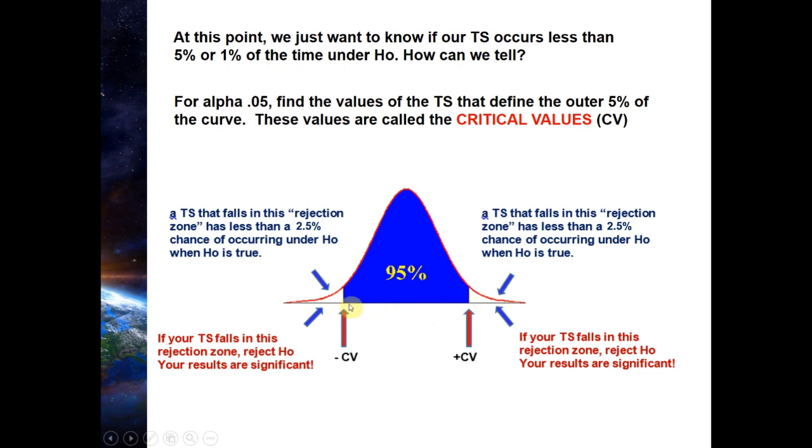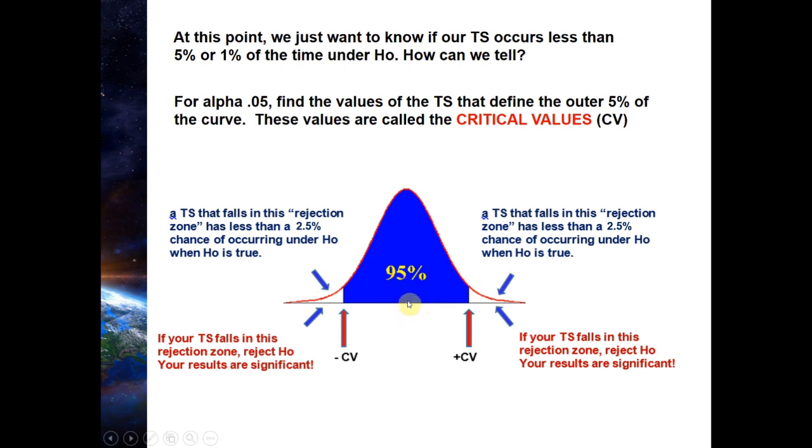Remember that? These being just Z scores. Well, if we're doing a Z test, then these would be our critical values. These are the numbers that define the middle 95% of the curve, and that translates into the values that define 2.5% in each tail. That's the outer 5%, right? We have 2.5% here and 2.5% there.